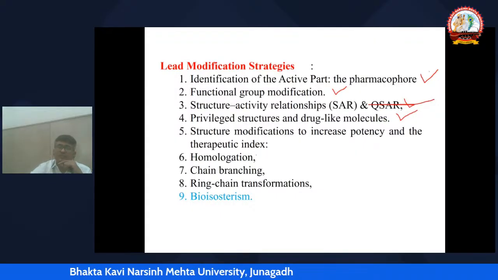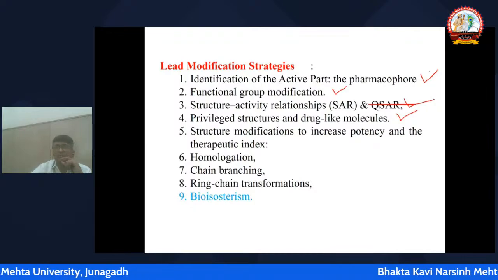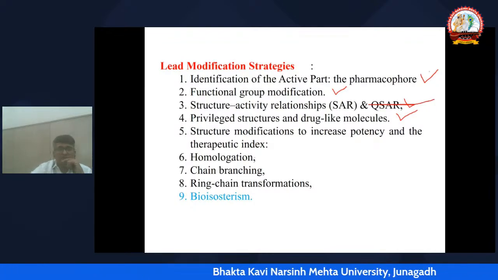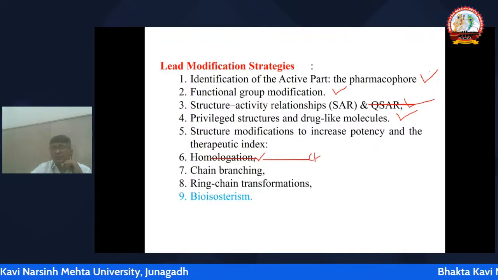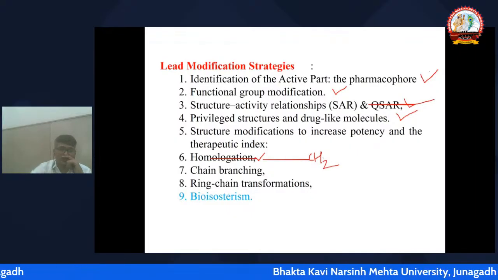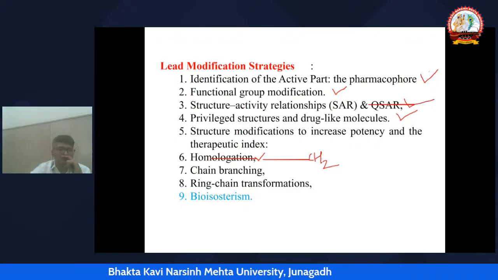Then, after structure modification, to increase the potency and the therapeutic index, the strategy is homologation. It means we can change the molecule by one CH2 unit, giving a higher homologue as well as a lower homologue.